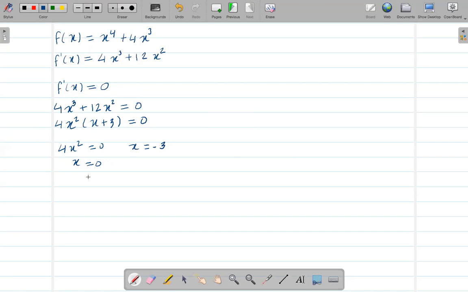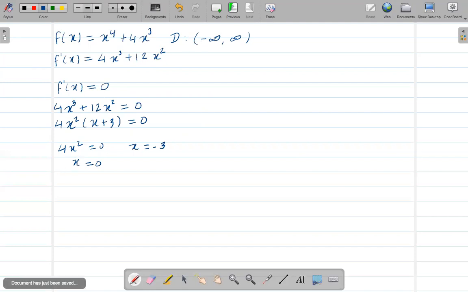We don't know yet if these 2 points are critical numbers or not. But since this function is a polynomial function, the domain is basically everything, which means any x value is going to work here.